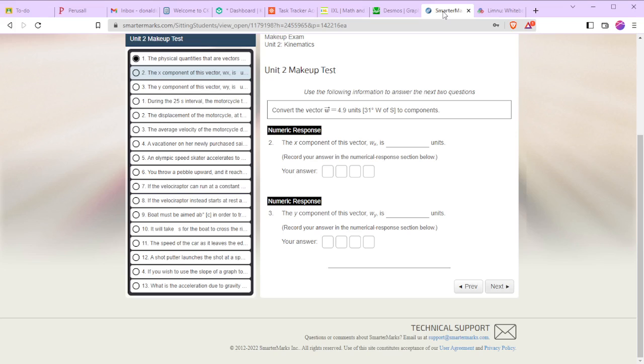So calculating those, our x component to two significant digits is a negative 2.5, and our y component to two significant digits is a negative 4.2. We use the two sig digs from the 4.9.